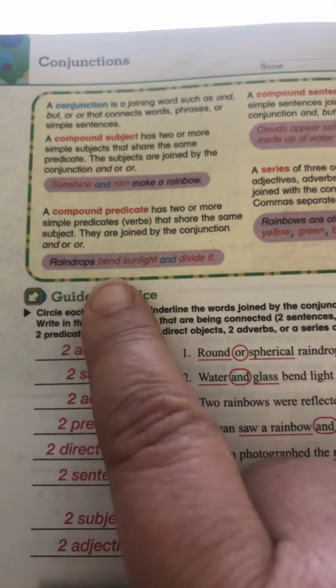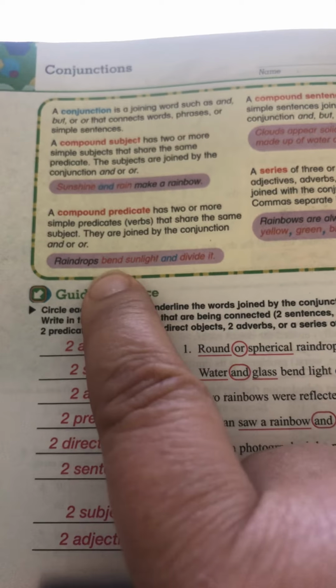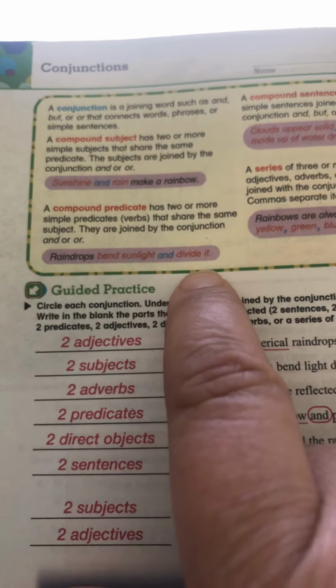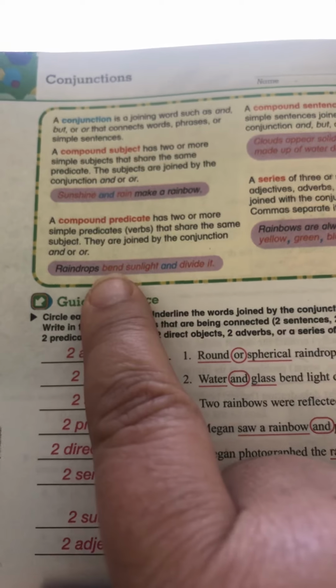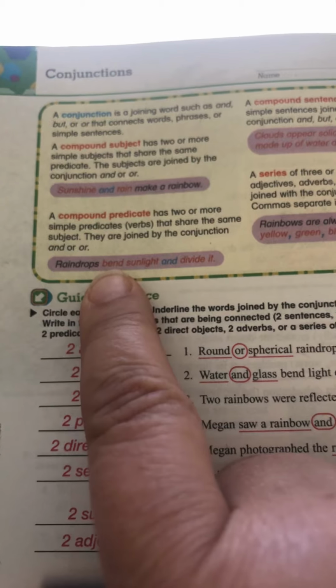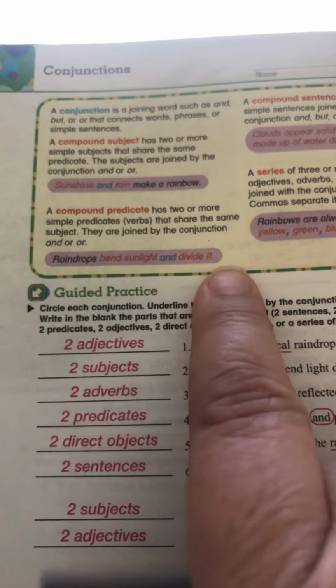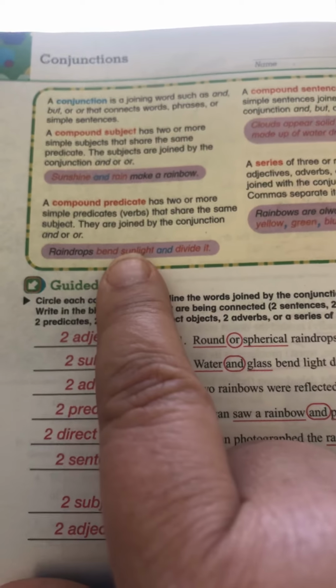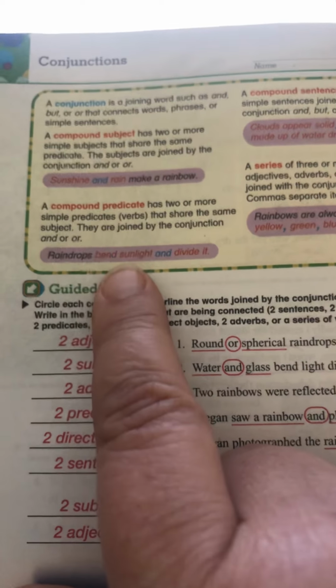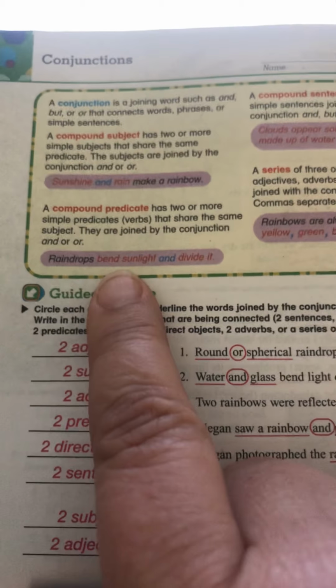So the raindrops are doing two things. They bend, and they divide. So we use the conjunction and to join bend sunlight and divide it, two predicates. This makes a compound predicate. So remember, predicate is just another way of saying verb.